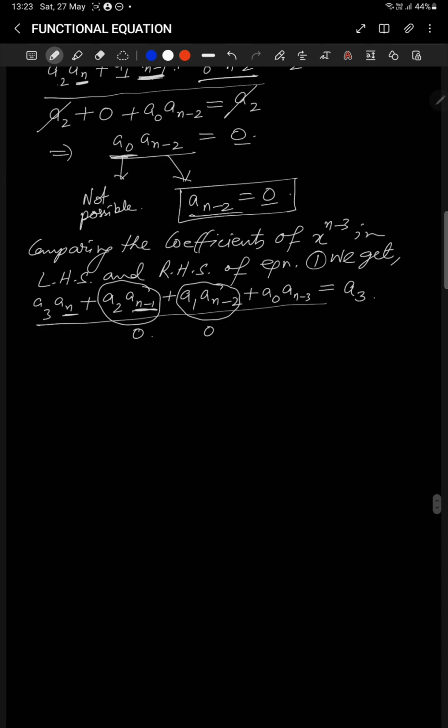So if we put an as equal to 1, then we get this term as a3, and only this term will be left: a0 an minus 3 is equal to a3. So these two are getting cancelled, and we are left with a0 an minus 3 equal to 0. Once again this one equal to 0 is not possible.